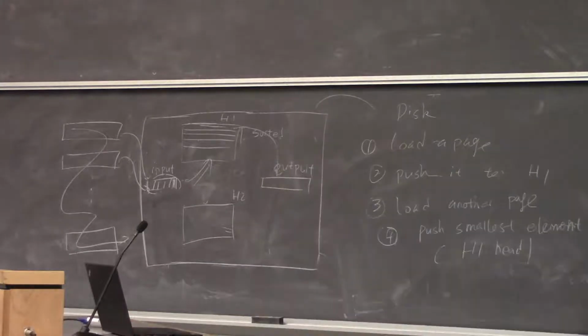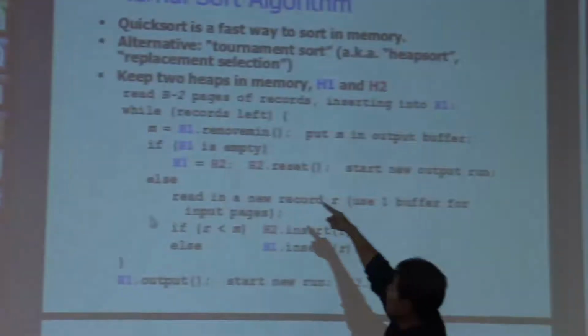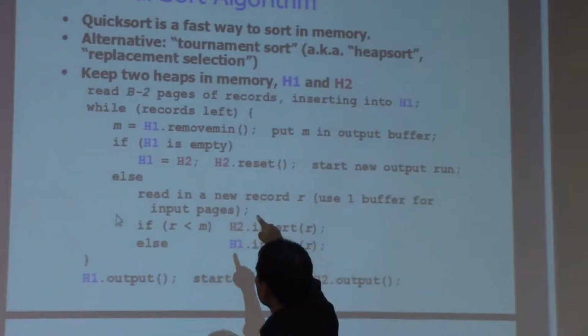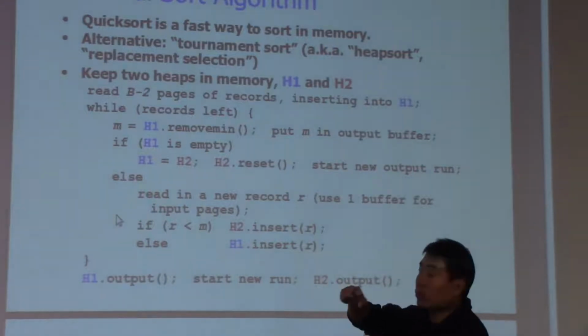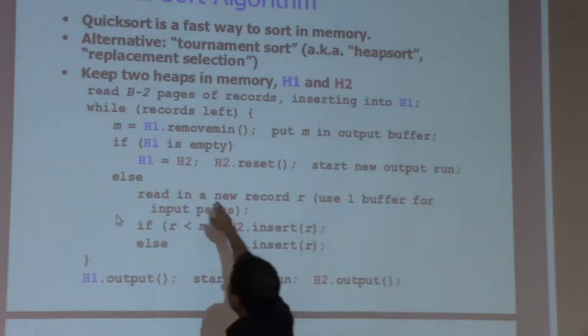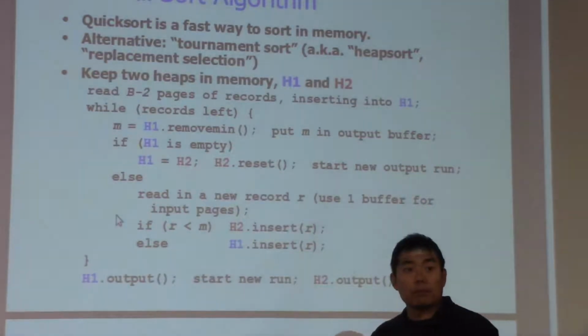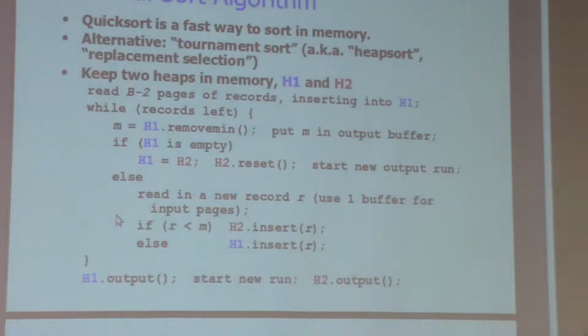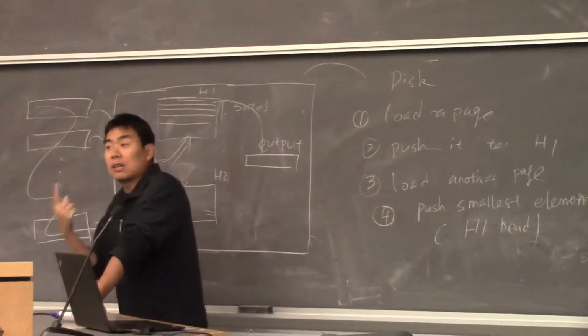If you look at the slides, it will keep removing elements from the head of H1. If it's empty, you will reset that to H2, which I will explain in a minute. If there's no record left, you will read a new record, but in order to optimize the I/O, instead of reading one record at a time, I read a page at a time. But effectively, you can think about you're checking one record at a time.